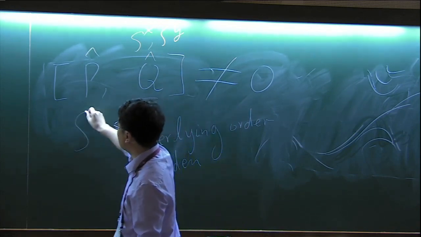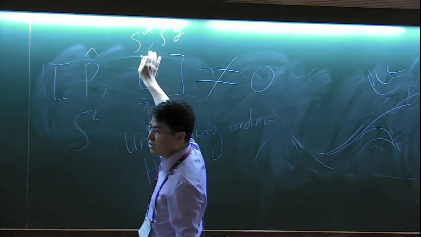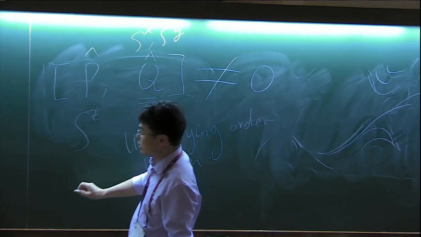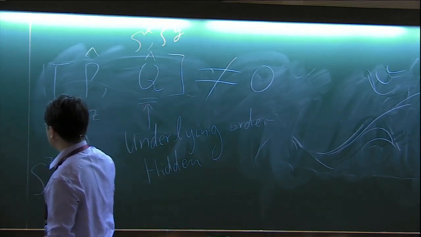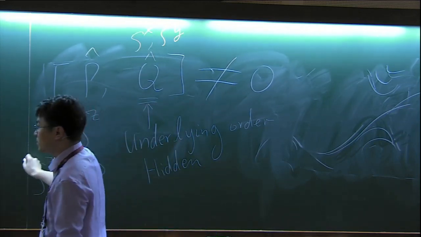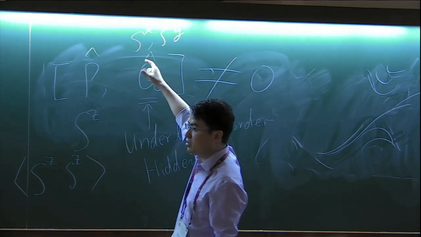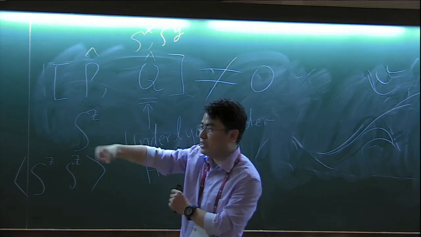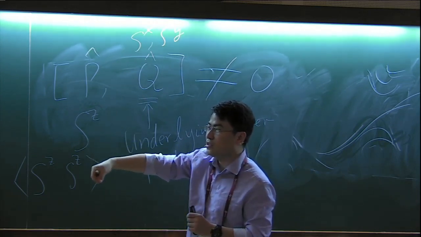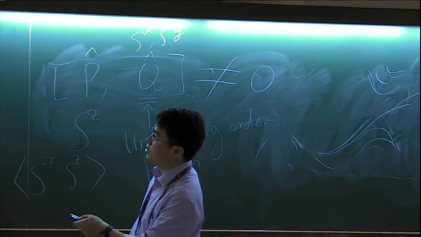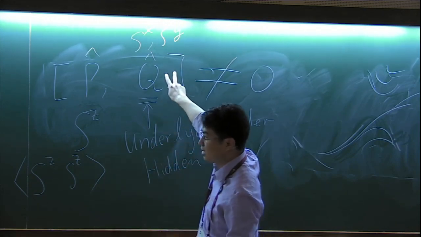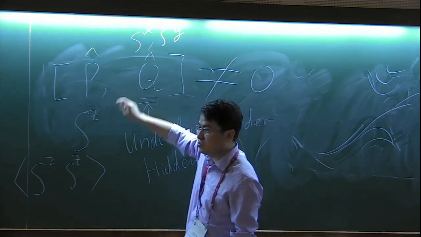But you can measure SZ. SZ does not commute with this object. You measure the SZ correlator, which flips this thing and creates a coherent excitation, and you record it with neutrons. The structure of this dispersion directly reflects the underlying ordering of this object.